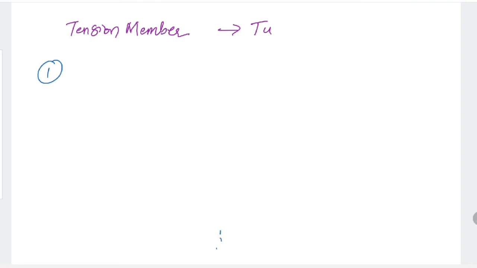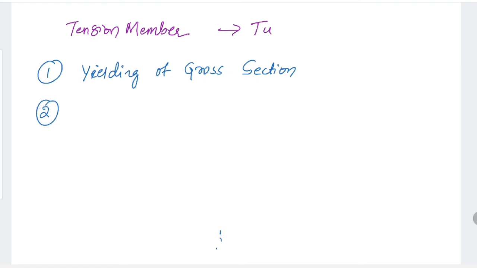The first type of failure is yielding of gross section. The second is failure due to rupture of the critical section.